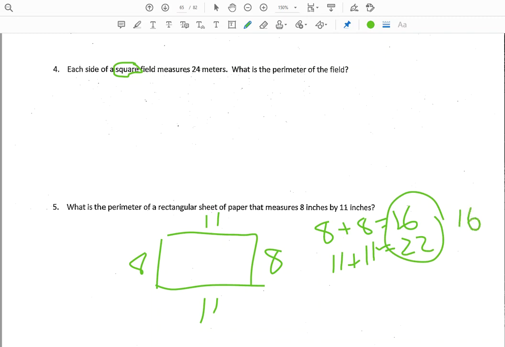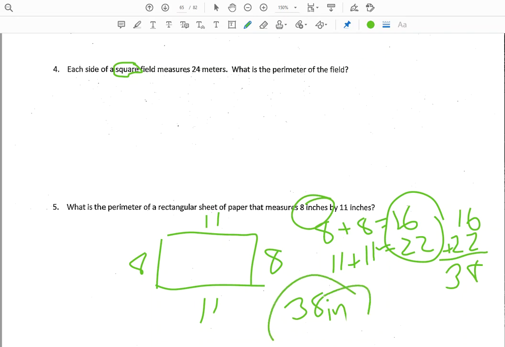So 16 plus 22 is 38. Always label inches. So we often say with perimeter, we mark perimeter as P. So we would say P equals 38 inches. So we know where the answer is.